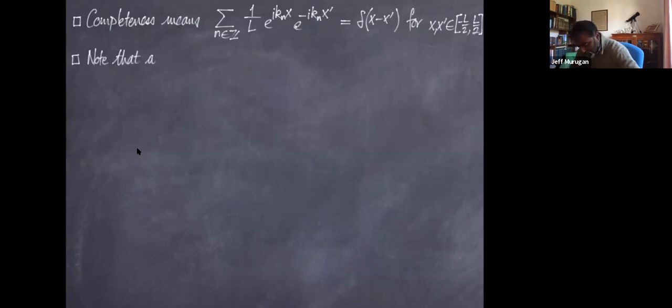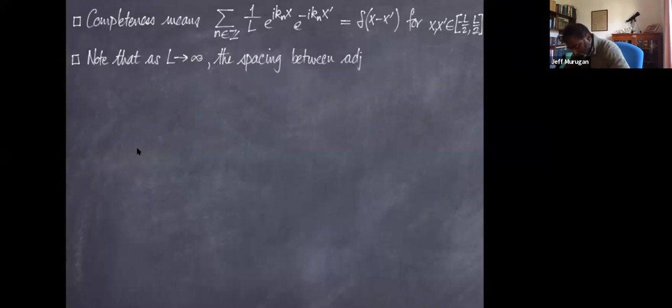Okay, so let's make a note of that. Note that as L goes to infinity, for the whole real line, the spacing between adjacent eigenvalues, k_n, goes to 0.